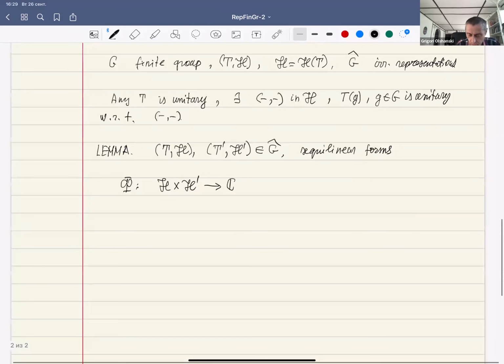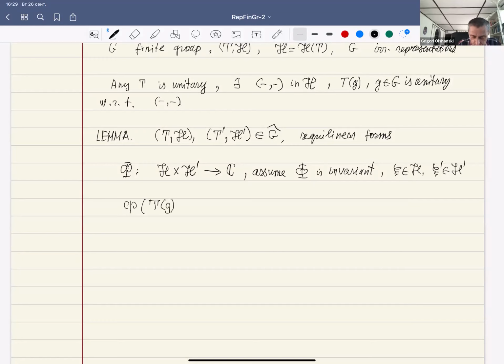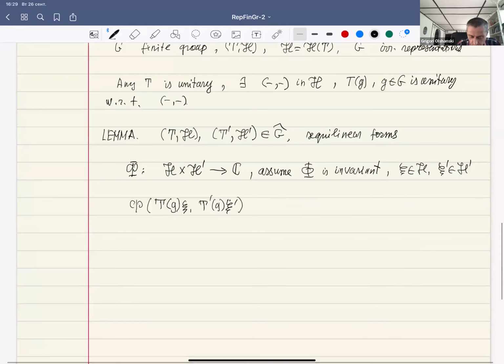And assume that phi is invariant. Phi is invariant, which means the following: we have two vectors psi and psi prime, and then the relation which is required is that phi of T of g psi, T prime of g psi prime is the same as phi of psi, psi prime, for any element g of G. Okay.